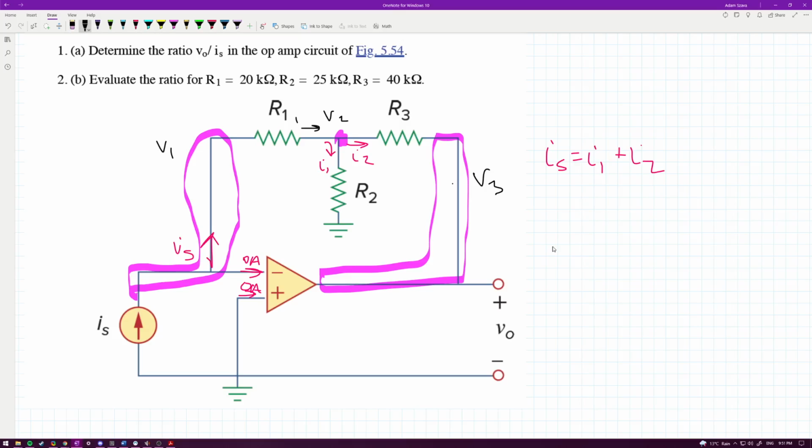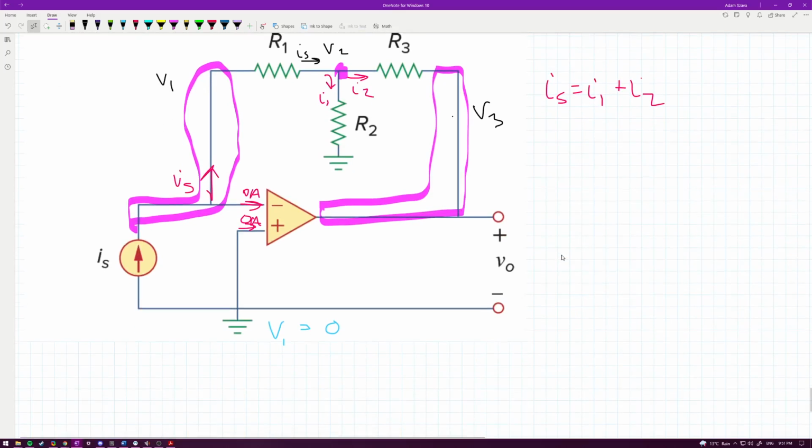Yeah, that's true. I1 is not very necessary here. The current going there is IS, and then it splits into I1, I2. In fact, I just realized V1 is equal to 0, because it has the same voltage as this node. That node has a voltage of 0. This is one node, essentially. So I1 equals 0, which is fine.